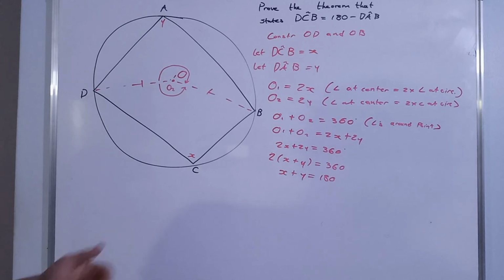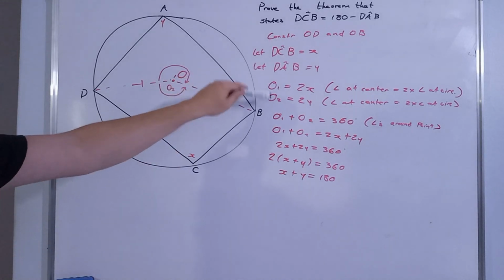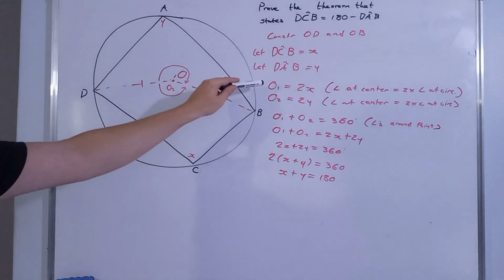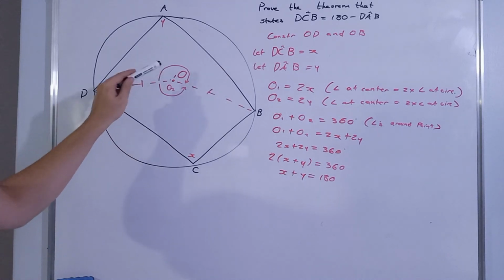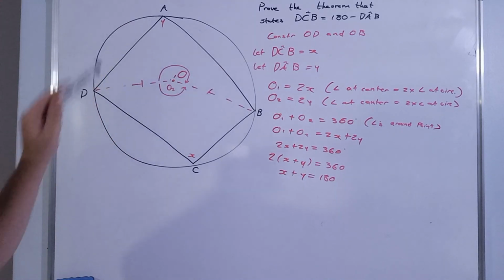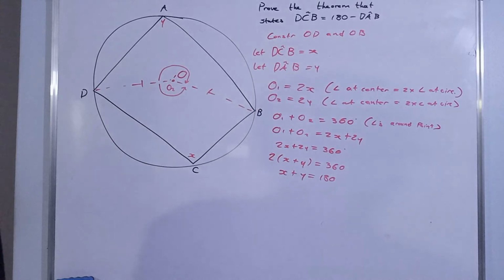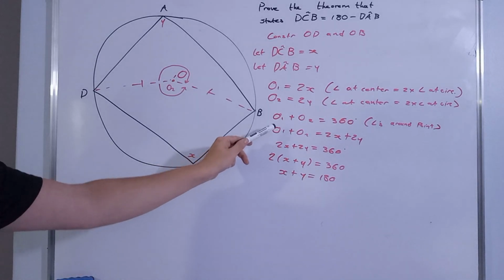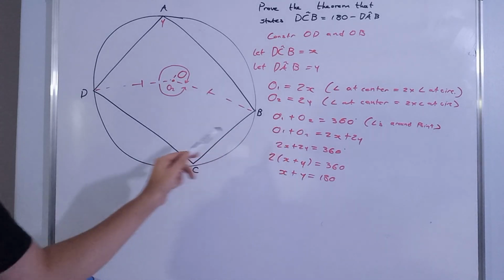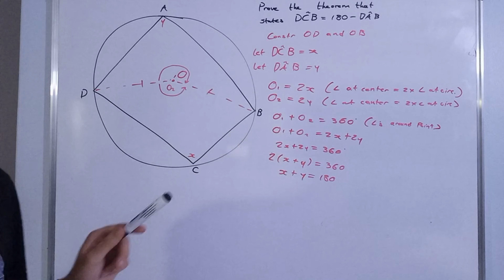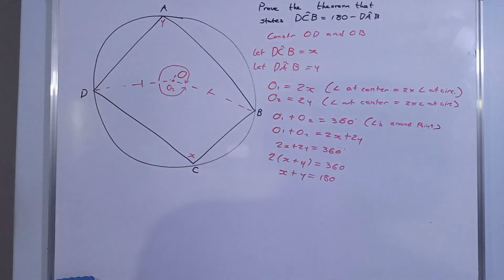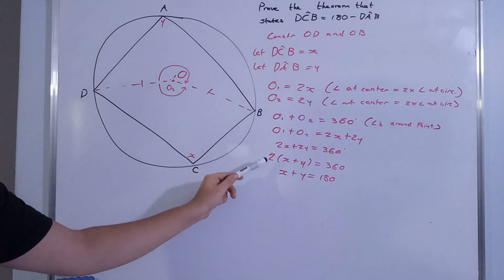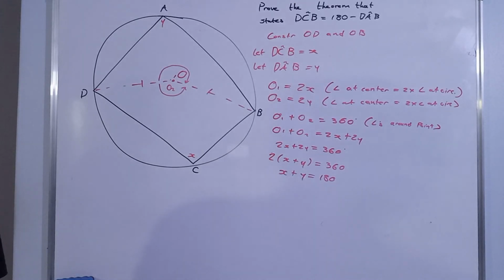It really doesn't matter about the order in that step, but we show that O1 equals 2x and that O2 equals 2y. Angle at the center is 2 times that at the circumference is the supporting theorem for that. At that stage, we make 360 equal to 2x plus 2y. We remove the common factor of 2, and we're left with x plus y equals 180.